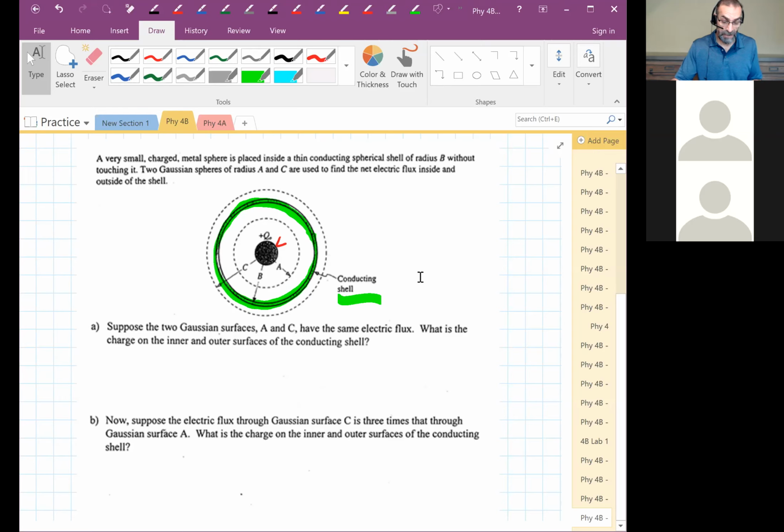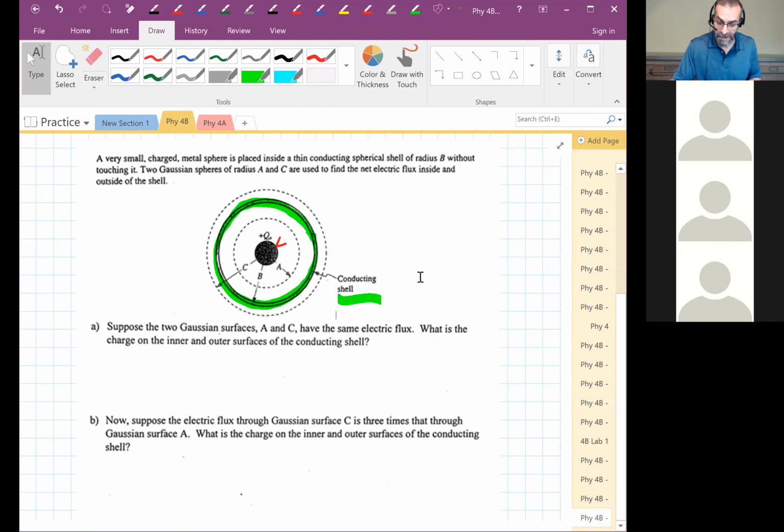So what is the charge on the inner and outer surfaces of the conducting shell? First, you would want to find the net charge on that shell, right? So if A and C both have the same flux, what's the net charge on that conducting shell? Zero. Correct.